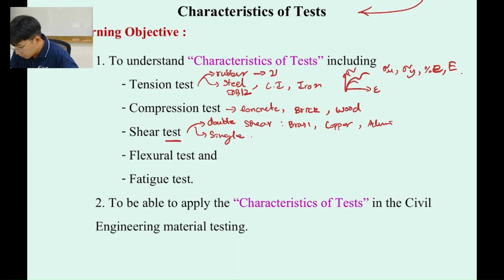Okay, the question is, why don't we test the steel? Because steel is going to be really ductile. When we test it in the shear test, most of the time it's going to elongate a lot. It produces a plastic hinge, so that's why we don't do the shear test for steel, so it's not going to fail.